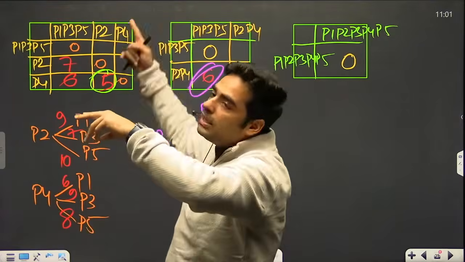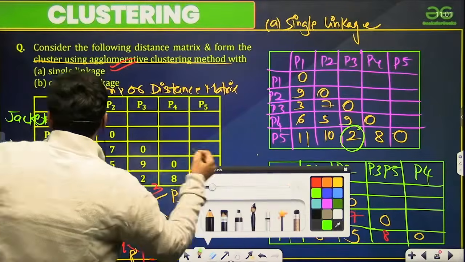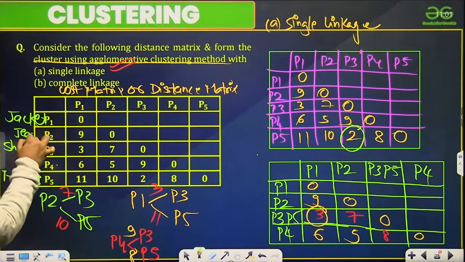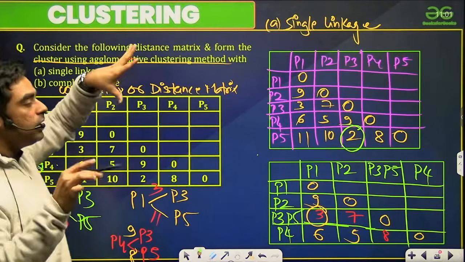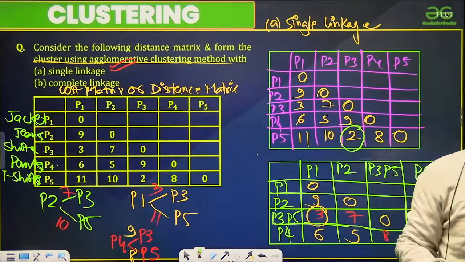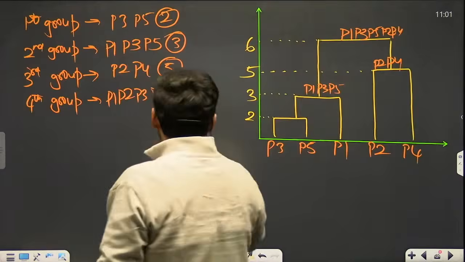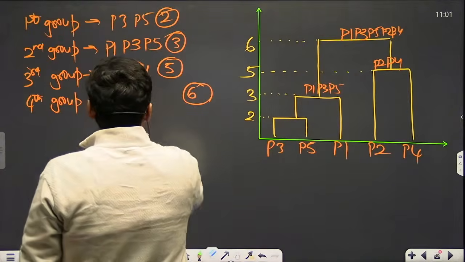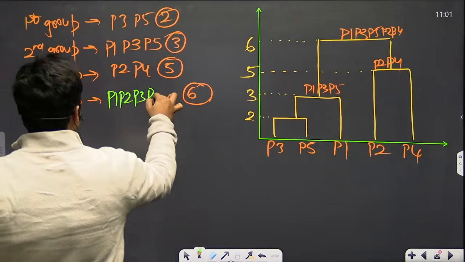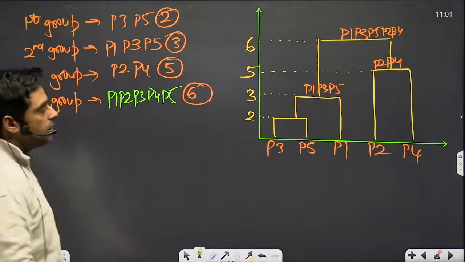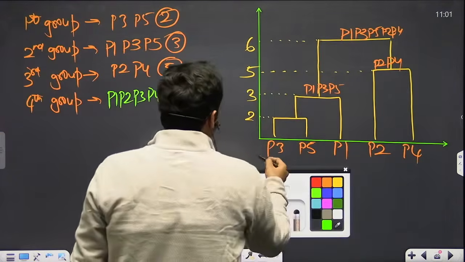From here I can say that P2 could be jeans, and P4 could be pants here, because P2 and P4 are forming a completely separate group.